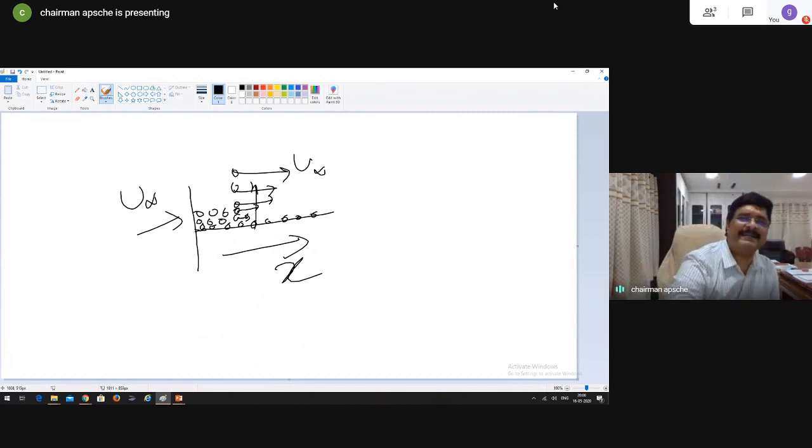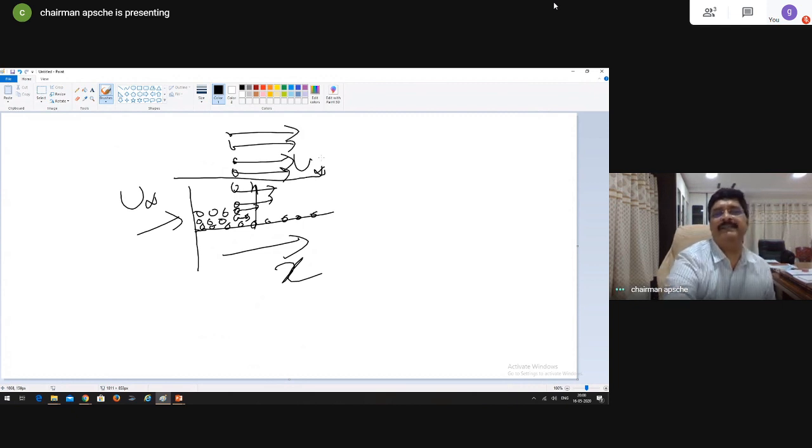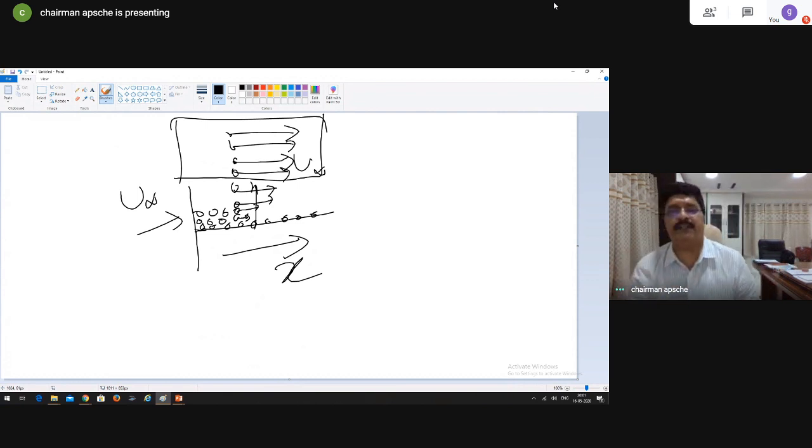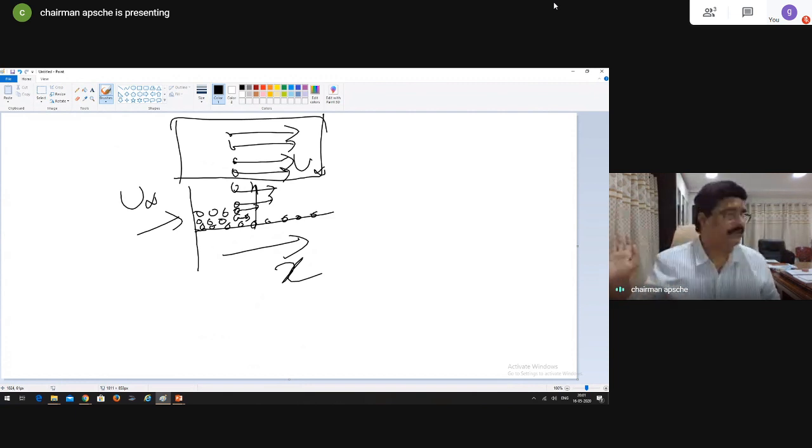After a certain delta y, the molecule acquires its free stream velocity, and thereafter every molecule will be moving at its free stream velocity. That means this zone is not under the influence of the wall friction and the presence of the solid boundary. The viscous effects are overcome there, and therefore they continue to behave as if there is no plate, but only after a certain distance from the plate.